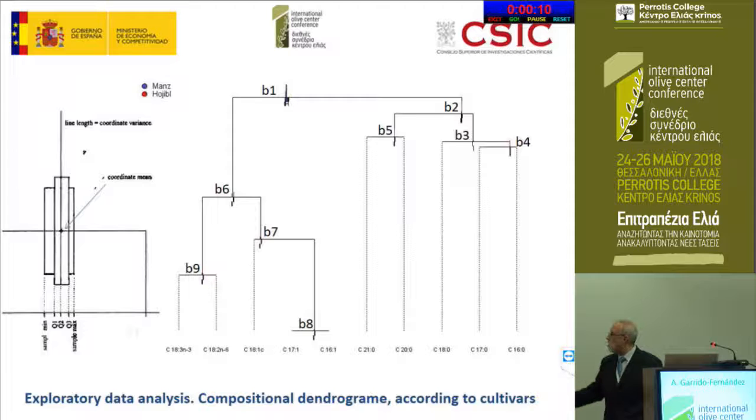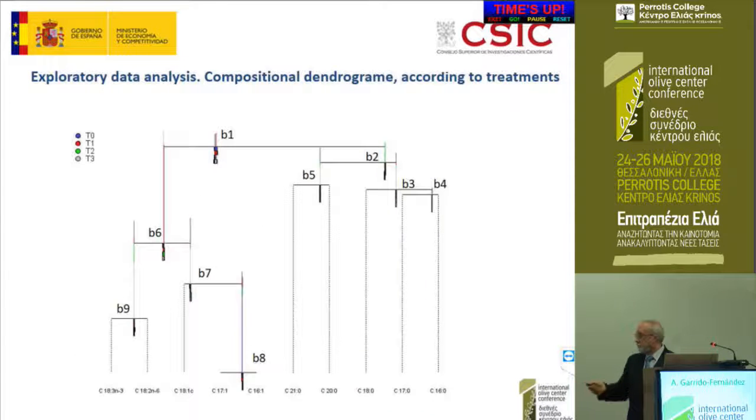The balance is the relationship between one or several groups of components with relation to others, and also the vertical distance is the variance. Then you can see in one view the relationship between these components and also which relationship has the highest variance. This is according to treatment.